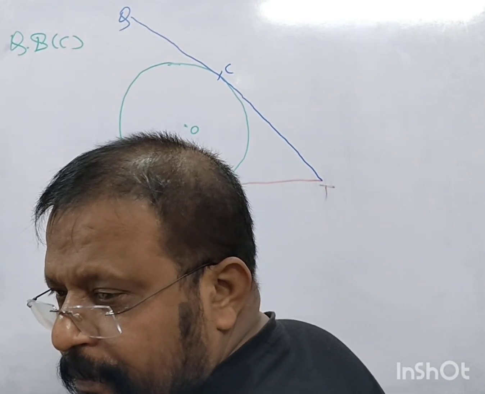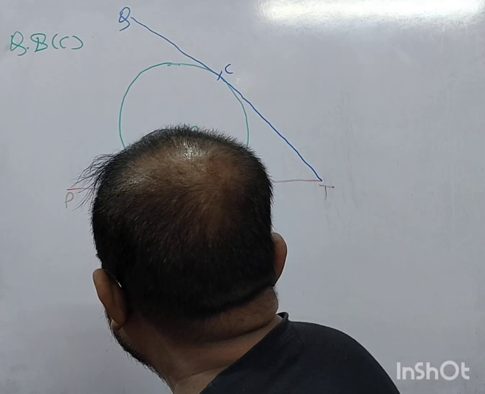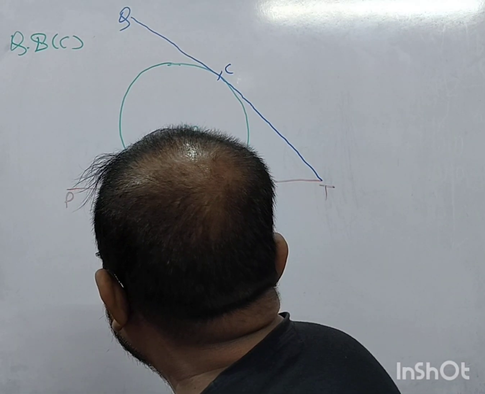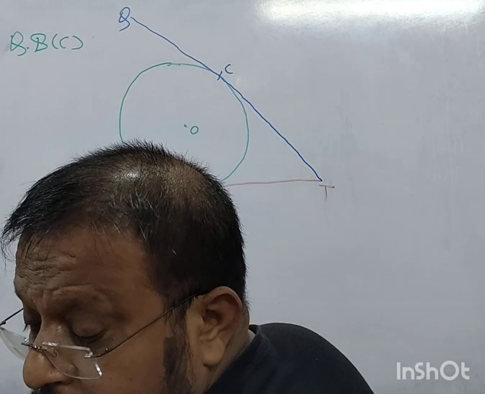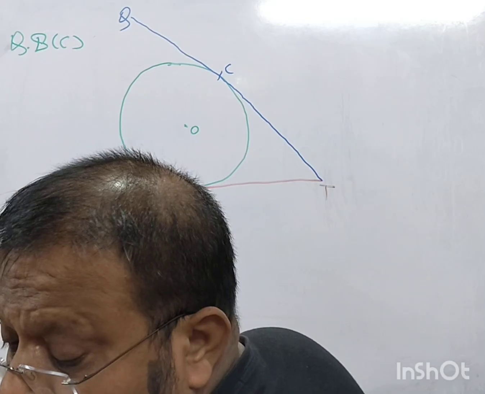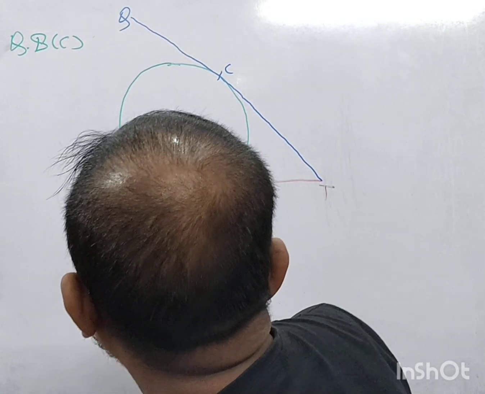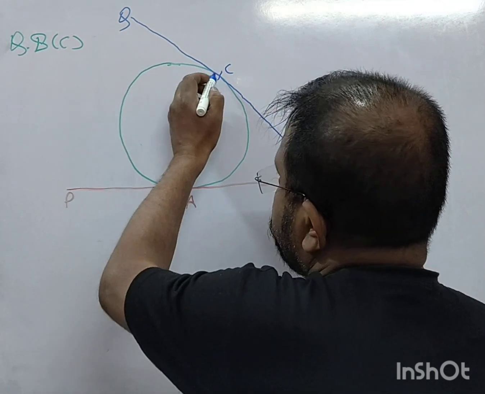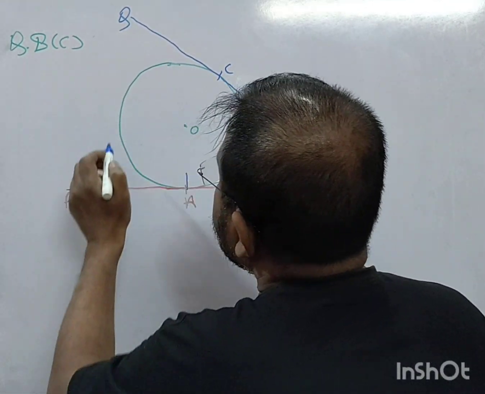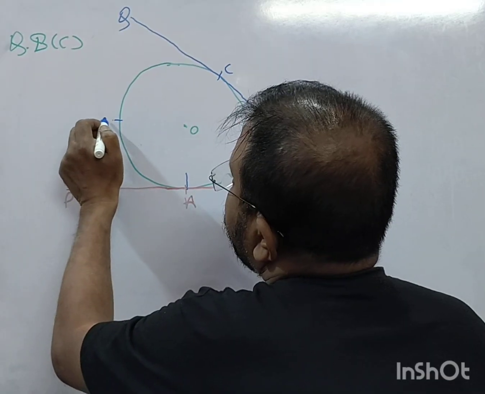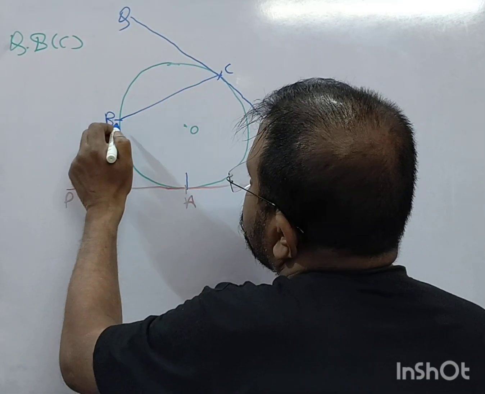In the adjoining figure, TP and TQ are two tangents to a circle with center O touching at A and C respectively. If angle BCQ is 55 and angle BAP is 60. Where is B? Say there is B. So you have it like this.